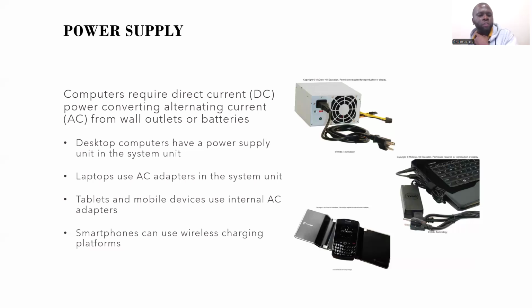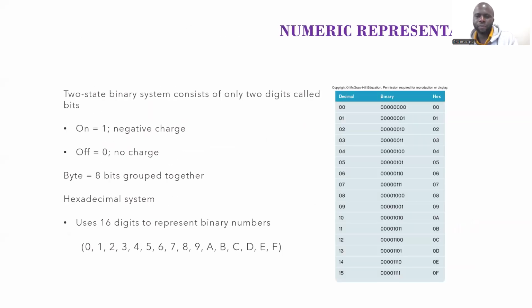In this case, when you have your desktop computer, it has a power supply to the unit. Your laptop uses alternating current, AC, that's in the system unit and so on and so forth. Okay, as you can see, the power is what enables the computer to be alive.